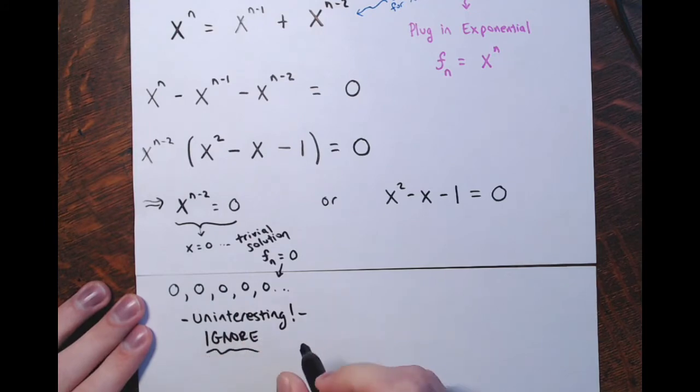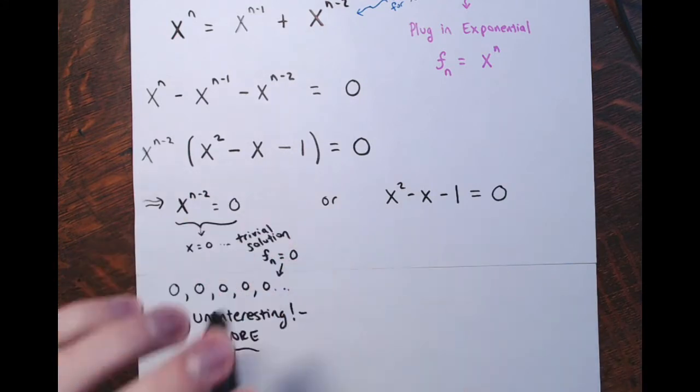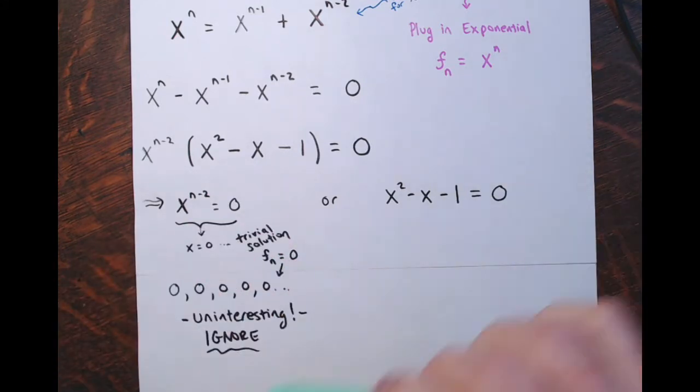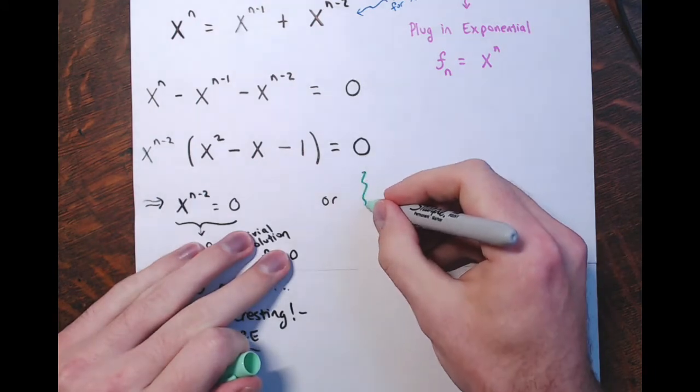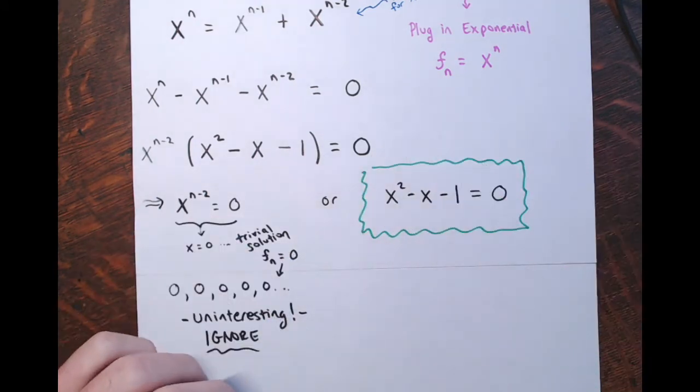So the other factor, this degree 2 polynomial, is much more interesting. x equals 0 is not a solution to this one.